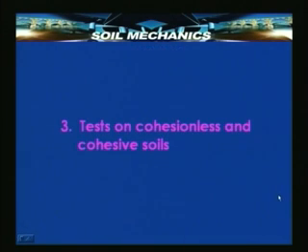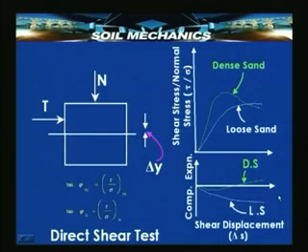Now let us take a quick look at cohesionless and cohesive soils and their behavior. We have seen this slide before in lecture 3. Here is a typical direct shear specimen. When we conduct a test on sand, if the sand is dense, we get a shear stress versus shear displacement diagram like this, and if the soil is loose sand, then the diagram becomes like this.